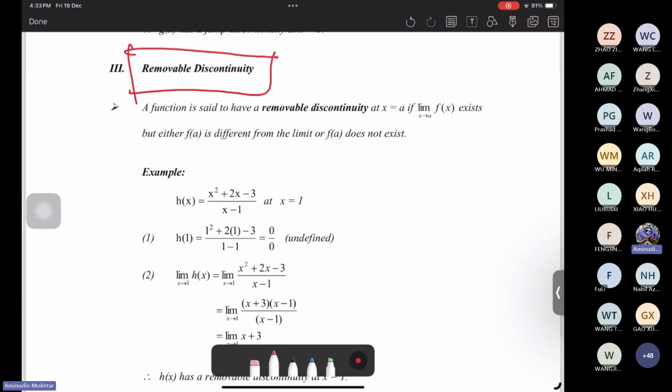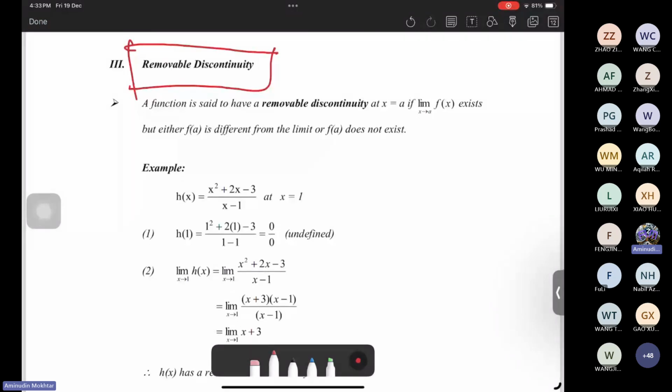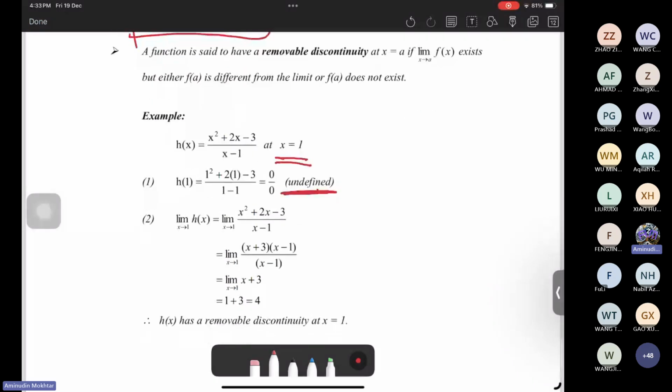For example, let's say I have this function. At point x equals 1, the value of y does not exist, it is undefined. When the value of y is undefined, we can conclude that there is a removable discontinuity. Of course, the limit exists.